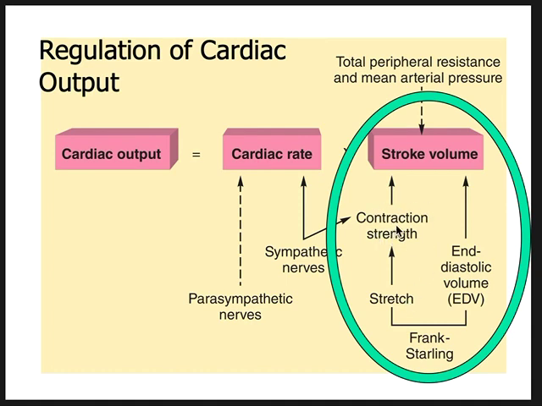But you can also increase contractility directly without stretching. So this part is not part of your Frank-Starling law. But anyways, this will also increase your stroke volume. So this is everything we're going to look at now.